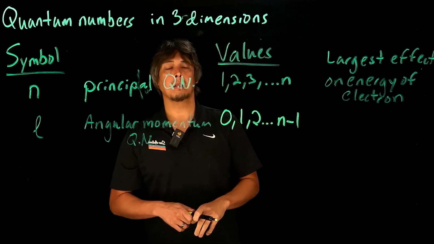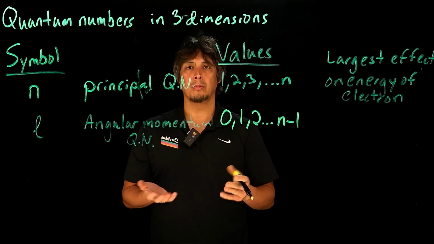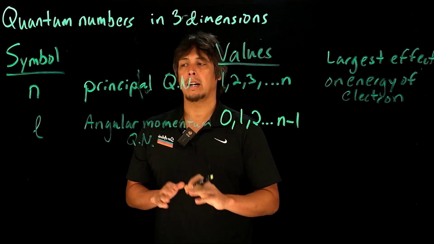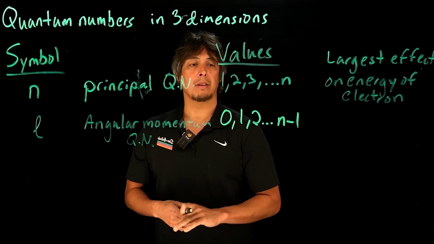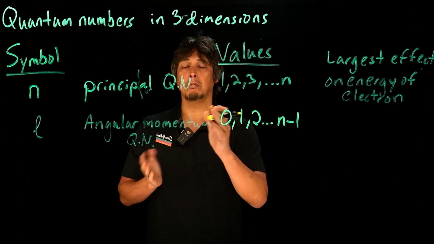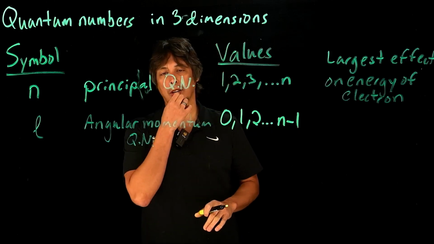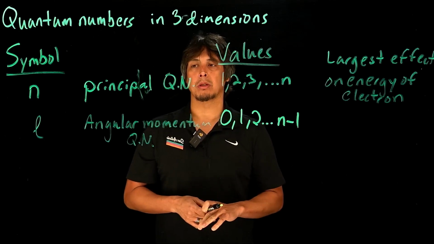So that means if an electron has a principal quantum number of 2, then the highest value of l it can have is 1. It could be either 1 or 0. The l quantum number for an electron with n equals 2 could be 0 or 1.